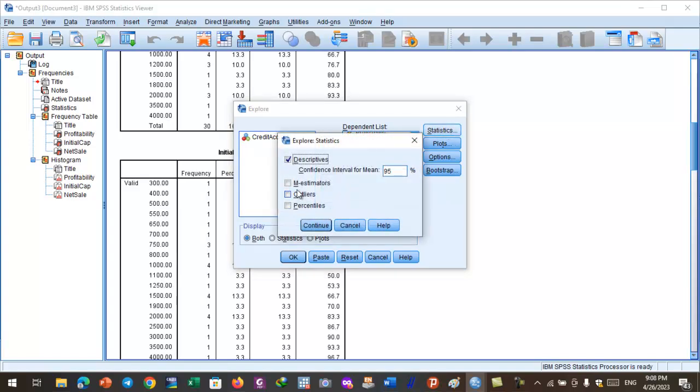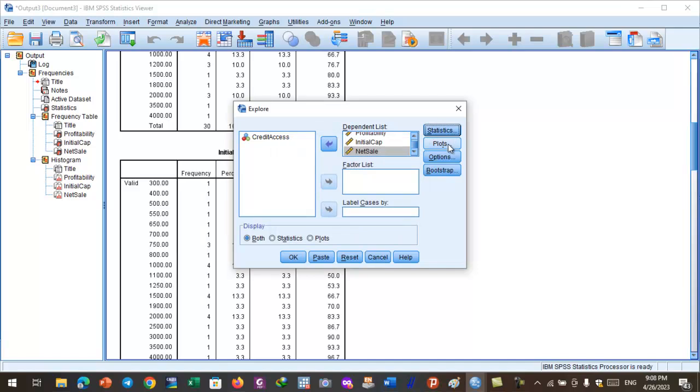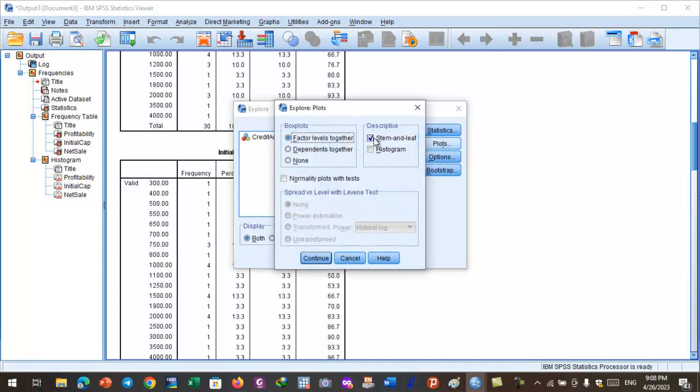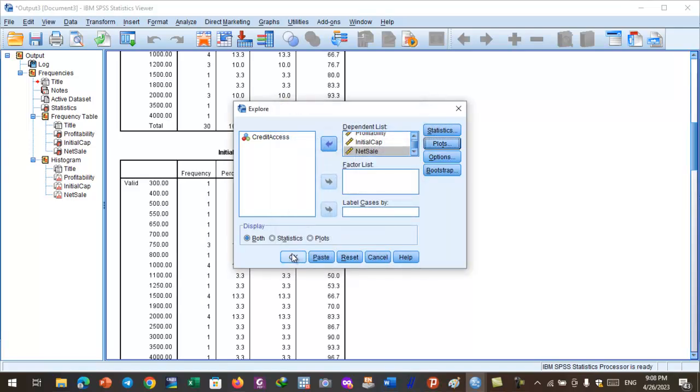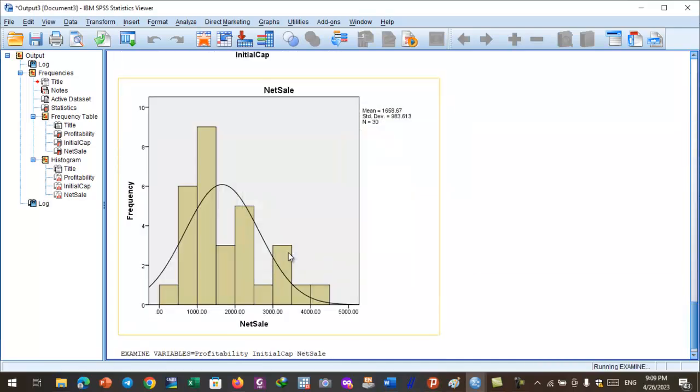And in the statistics you go for descriptive. You can also check for outliers, plots, histogram, and the normality plots with tests. We have to check this, and then we click on OK.